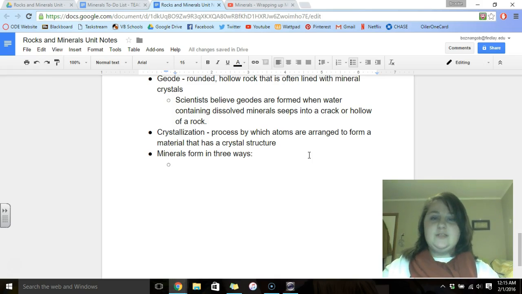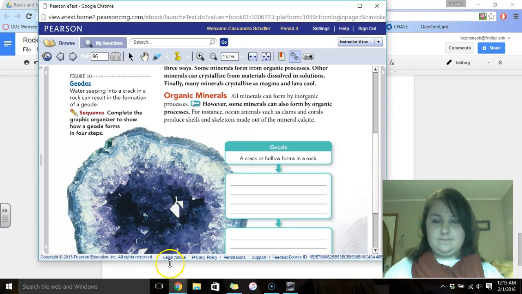So the first is organic processes. Let's see, what does it say? For instance, ocean animals such as clams and corals produce shells and skeletons made out of mineral calcite.